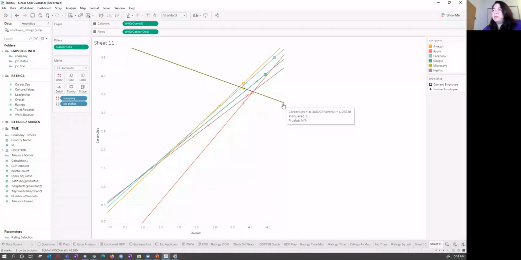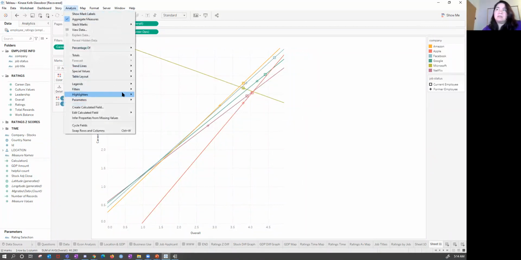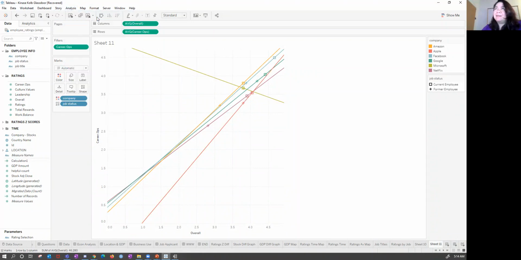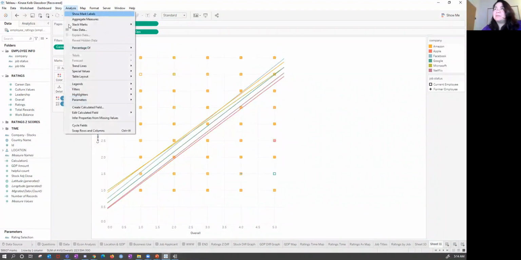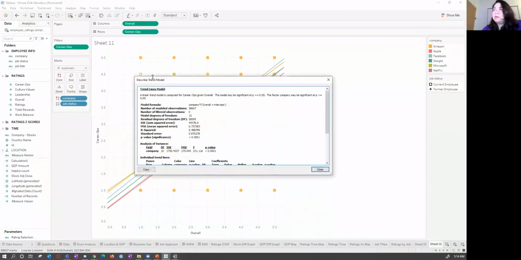Okay, so there we go. But then again, you can see that when you do the aggregate, the math is actually doing it on the aggregated itself. So you want to be really careful about applying these trend lines to these aggregated measures, aka don't do it. Okay. And if you take those also with the trend lines, you can get this describe.